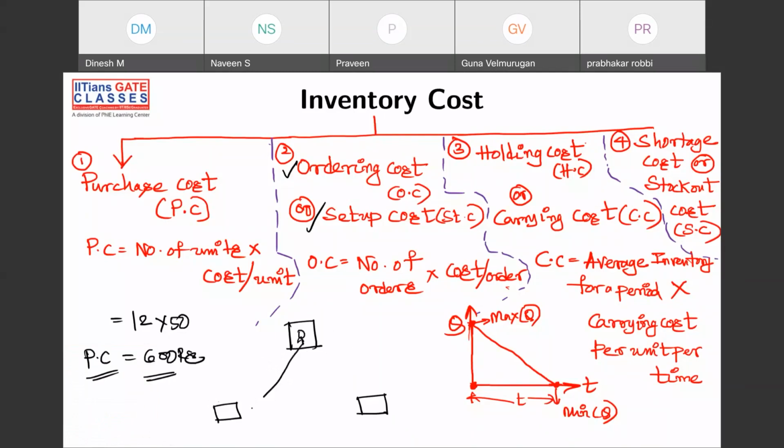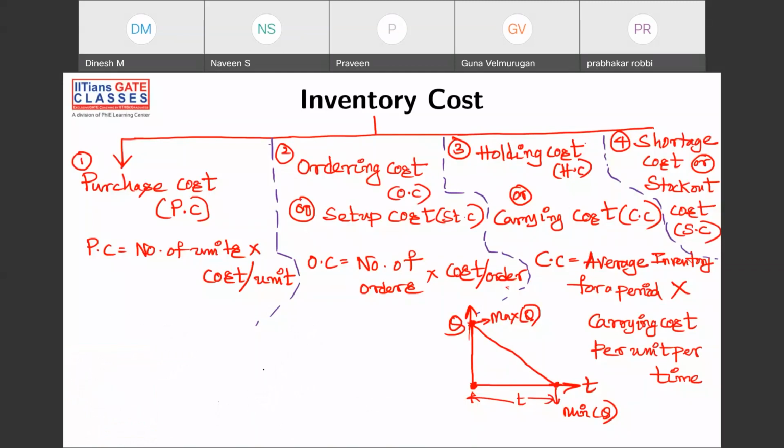If you are going and buying some stuff and coming back, it means that you are spending some money on transportation, right? Maybe petrol and all, and some time you're spending. Time you will leave, but transportation cost is there. So in a way, you're spending some money to buy that stuff, right?